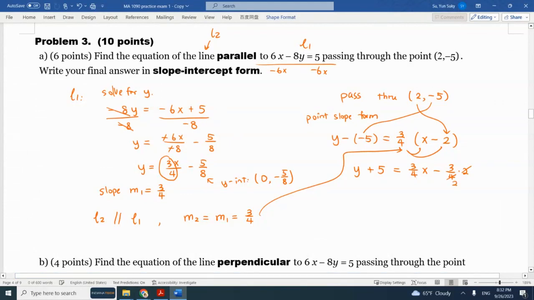We have the 2 left. And we want to solve for y. So we want to subtract 5 on both sides. So on your left hand side, you get y equals 3 over 4 x. And here we minus 3 half and minus 5.